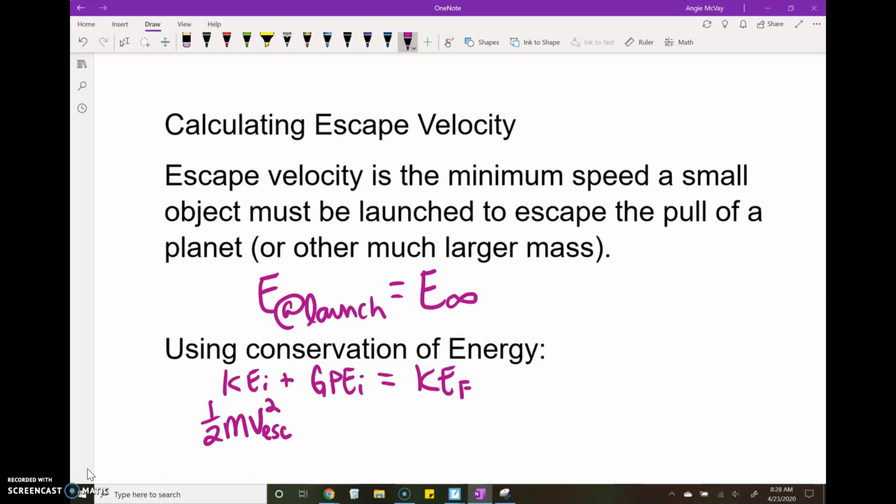And then our equation for gravitational potential energy on a planetary scale is minus G M m over r, the mass of the Earth, the mass of your launched object, and r is specifically the radius of the Earth at launch. And then the kinetic energy at infinity would be 1/2 m times the speed it's going at infinity squared.